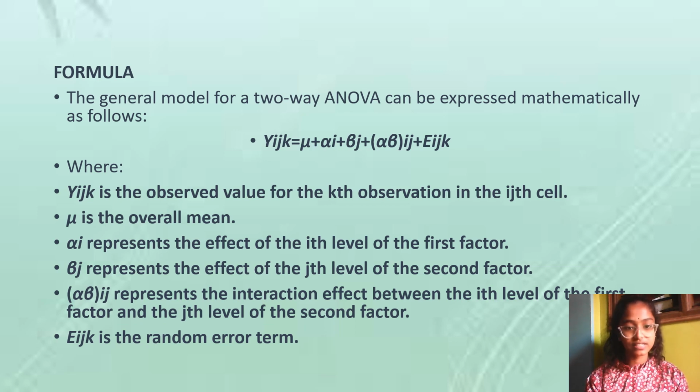Alpha i represents the effect of the ith level of the first factor. Beta j represents the effect of the jth level of the second factor. Alpha*beta ij represents the interaction effect between the ith level of the first factor and the jth level of the second factor. Eijk is the random error.